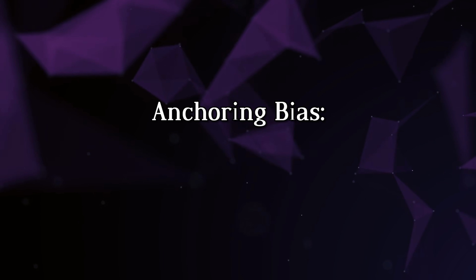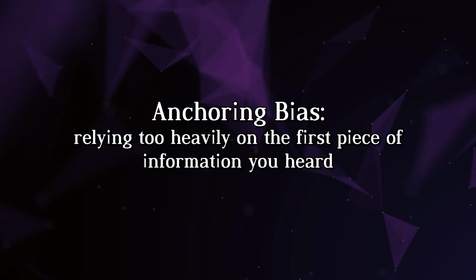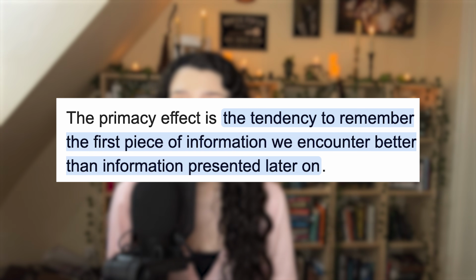Then there's anchoring bias, which is relying too heavily on the first piece of information that you heard. And this really hinges on something called the primacy effect, which is when we tend to prioritize the first thing that we heard over information that we heard later on. So for example, if your friend Daniela told you her side of a falling out with your mutual friend John, by the time John tells you his side of the story, you might be unconvinced because you heard it from Daniela first.